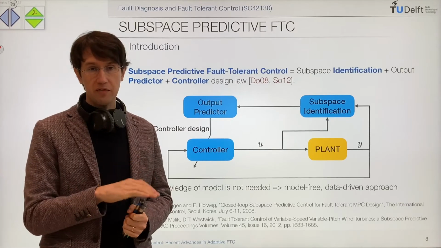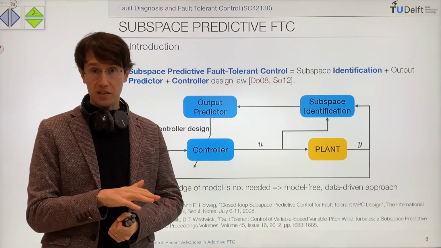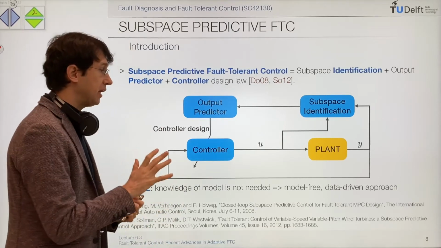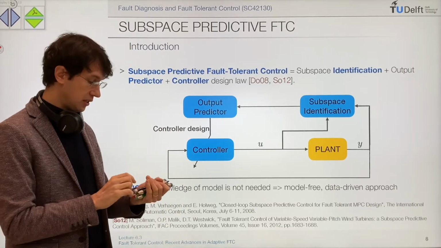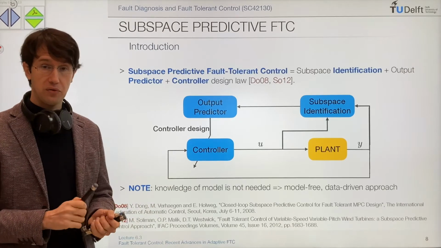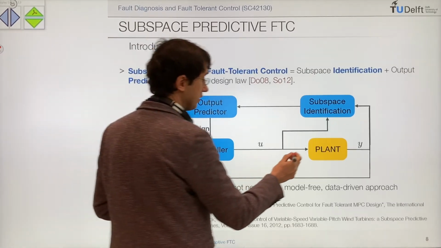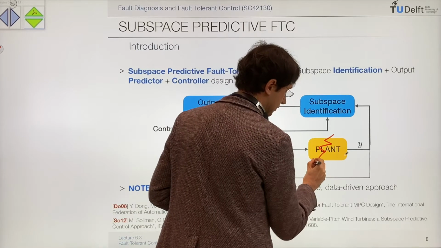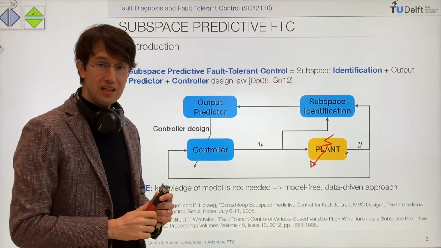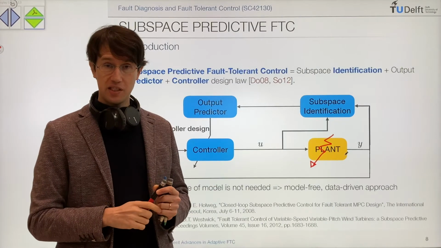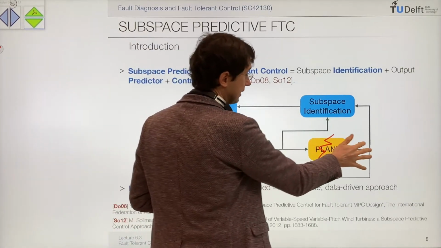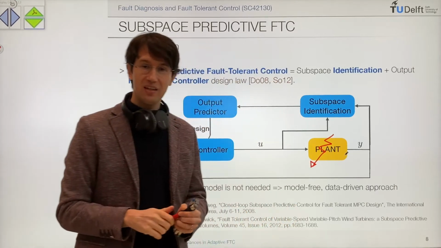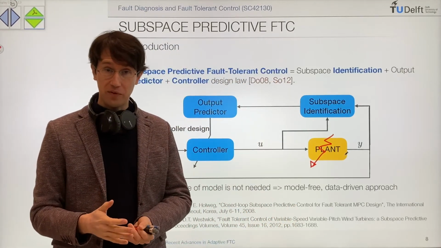So just to give a brief glimpse of why this is going to work and why this is going to be fault tolerant. Imagine that at some point you have a fault which is affecting the plant. We draw it like this. As soon as the plant becomes faulty, data that is coming here will reflect the faulty behavior.